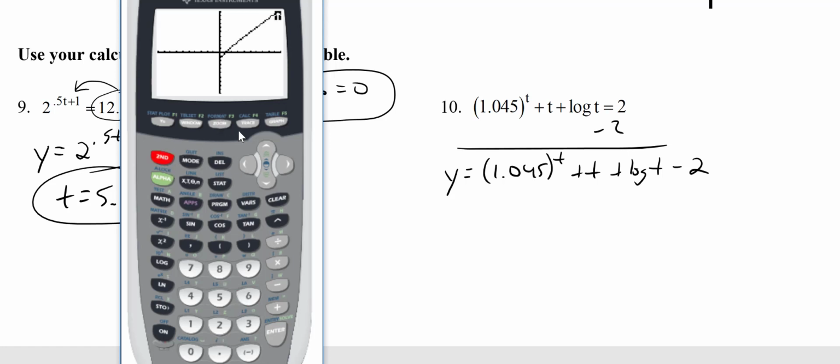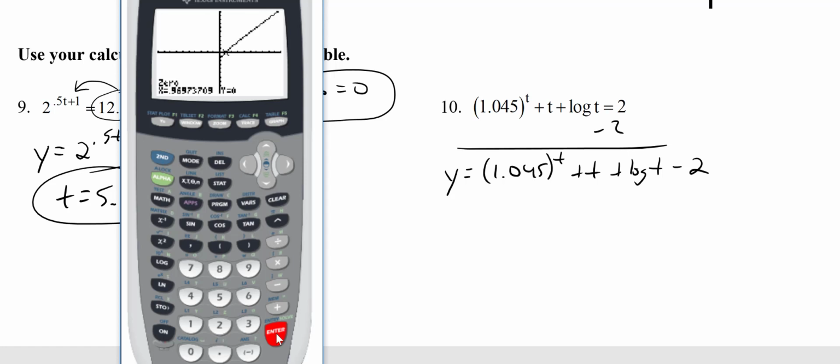Okay, and then we're going to do second, calculate 0. And it's right there. Okay, and then move to the other side. Okay, that's good enough. Enter and enter.